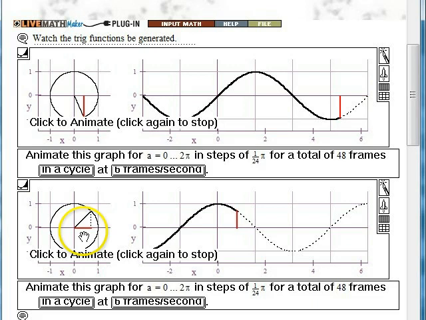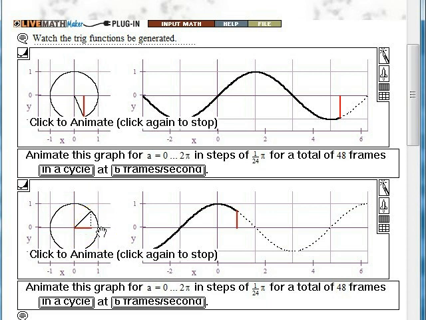So now we're going to try to draw the graph of the cosine curve, where that horizontal length is what I want to be the y value over here. So the red length here will be the same length as the red over there. The x-coordinate over here is going to be whatever the angle is equal to. You can also think of it as whatever the radius is, the radius is 1.